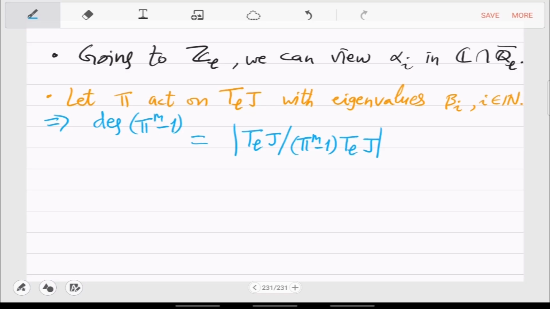This you can prove just by, I mean, actually this is straightforward by linear algebra. And now what is this? This co-kernel size is the determinant of alpha, where this is acting, I mean the T_L version of this. And the determinant is equal to the product of eigenvalues.